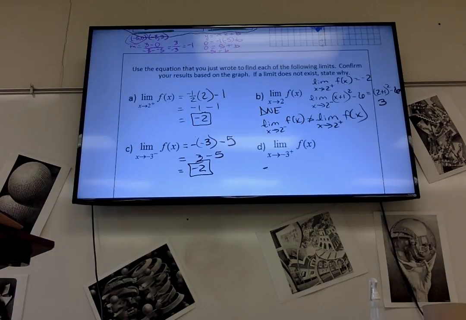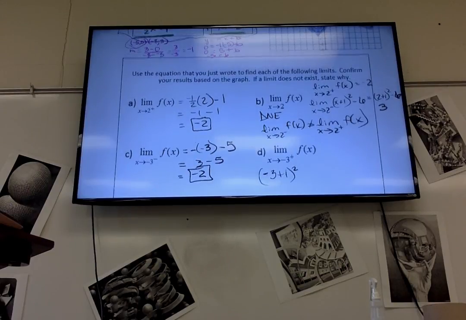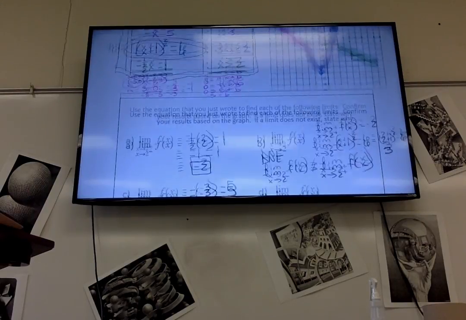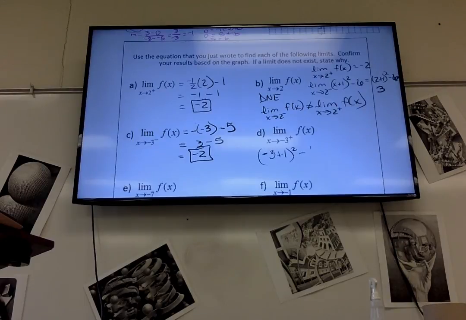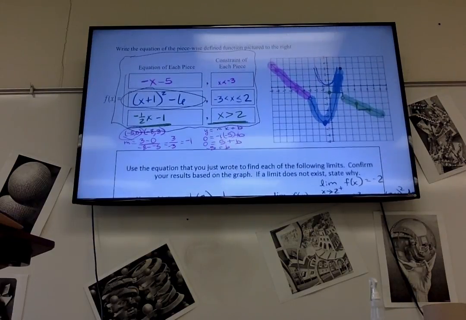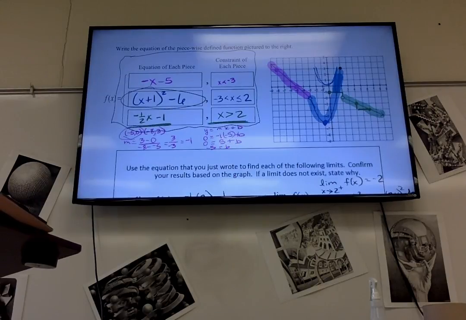I'm going to plug in negative 3, minus 6. So that's negative 2 squared, which is 4, minus 6, which is negative 2. So let's look at the picture. Limit as x approaches negative 3 from the right is right here, which is indeed at negative 2.